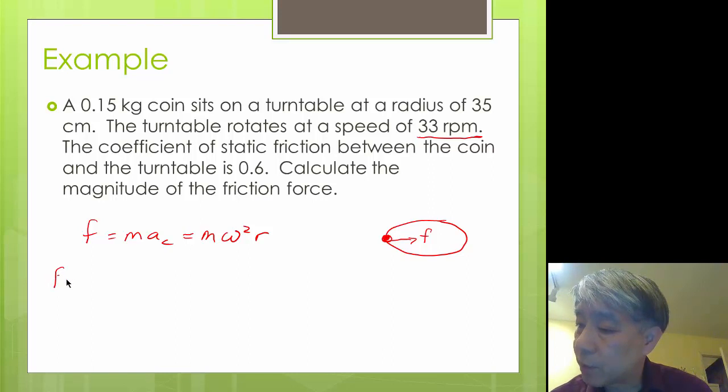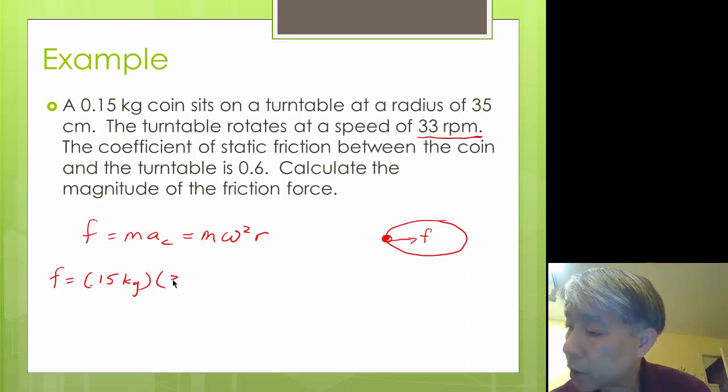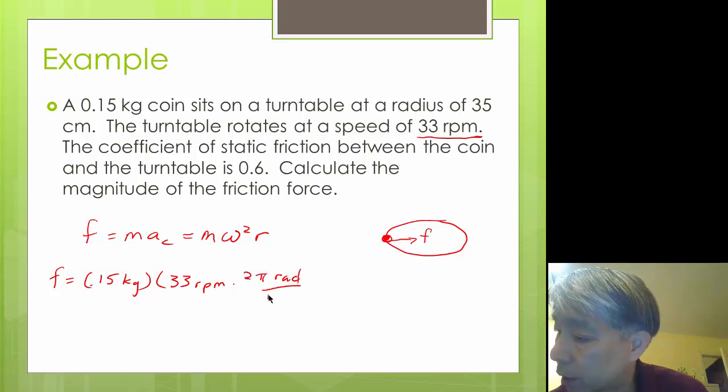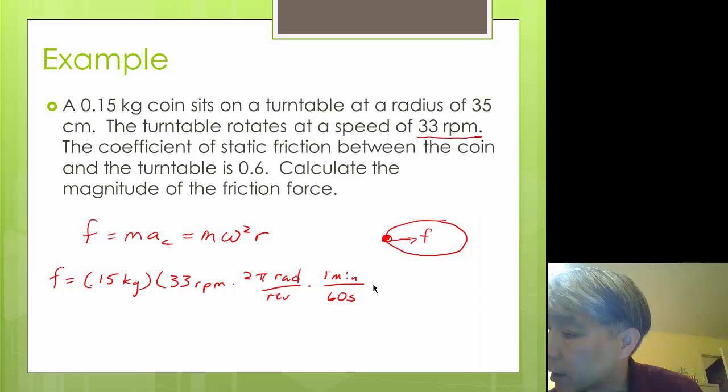So friction is basically going to equal 0.15 kilograms times omega, which is 33 revolutions per minute, times 2 pi radians per revolution, times 1 minute per 60 seconds, and that gets squared, and then that's multiplied by our radius of 0.35.